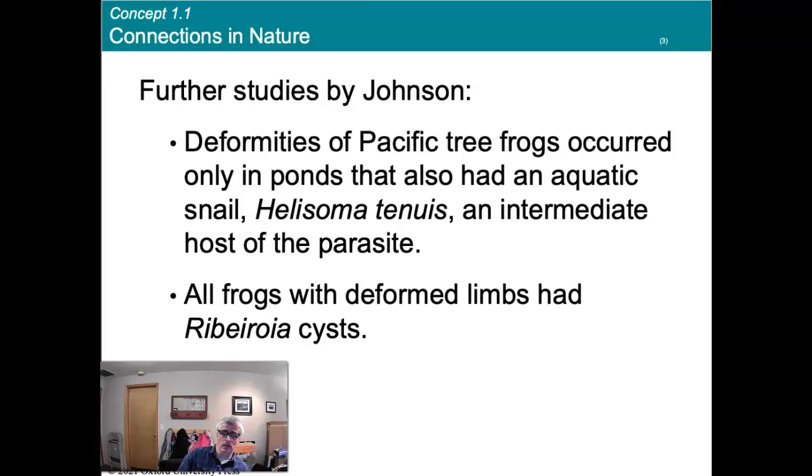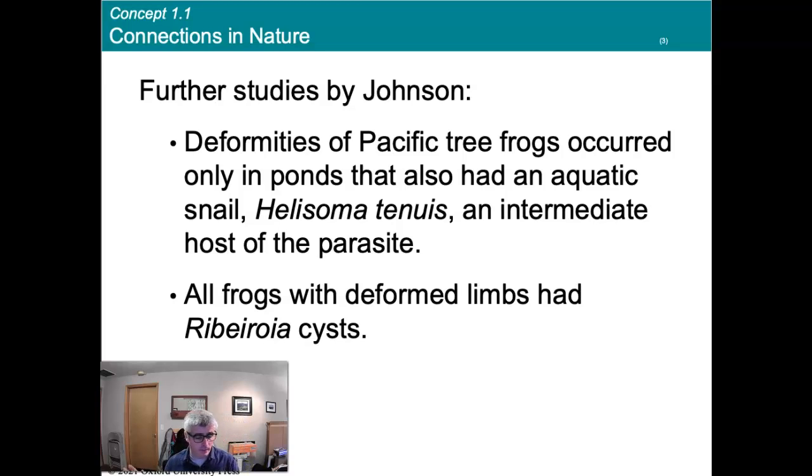And then Johnson has done a ton of work on this. Further studies looked at deformities of these Pacific tree frogs that occurred in ponds that also had the aquatic snail, Helisoma, as an intermediate host of the parasite. And then they found that all frogs with deformed limbs had Ribeiroia cysts. So they're starting to piece it together of what's needed for Ribeiroia to persist in the environment, which is a full life cycle that includes snails.